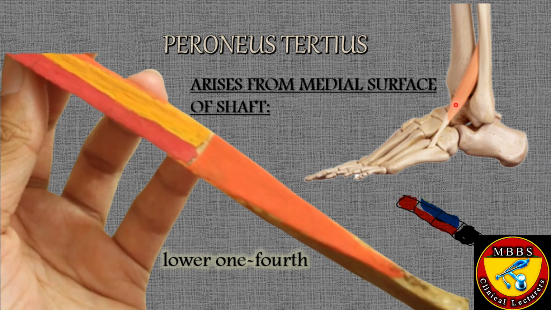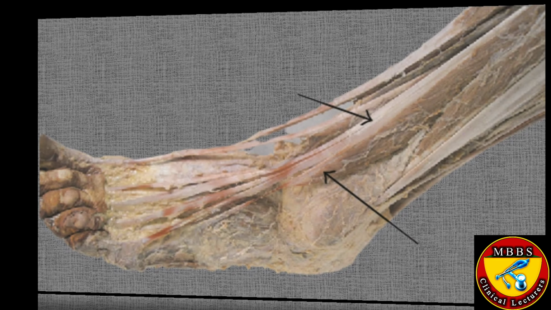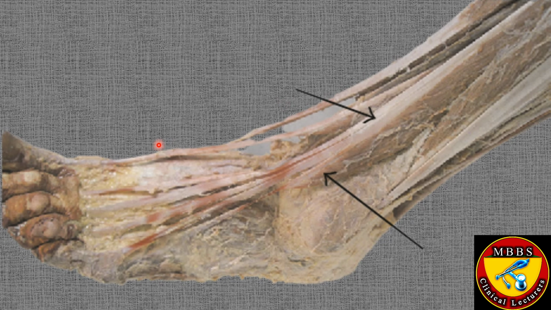This is peroneus tertius muscle. You can see this is arising from the medial lower fourth. Now you can see this one is the extensor hallucis longus, and these four slips are of the extensor digitorum longus, and this muscle is peroneus tertius. This one.